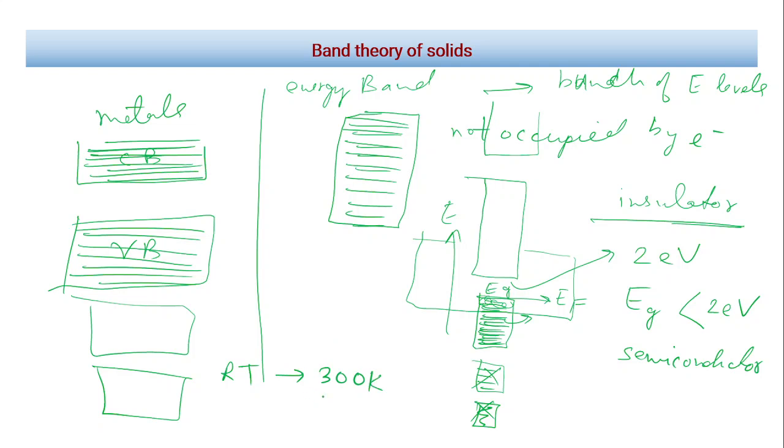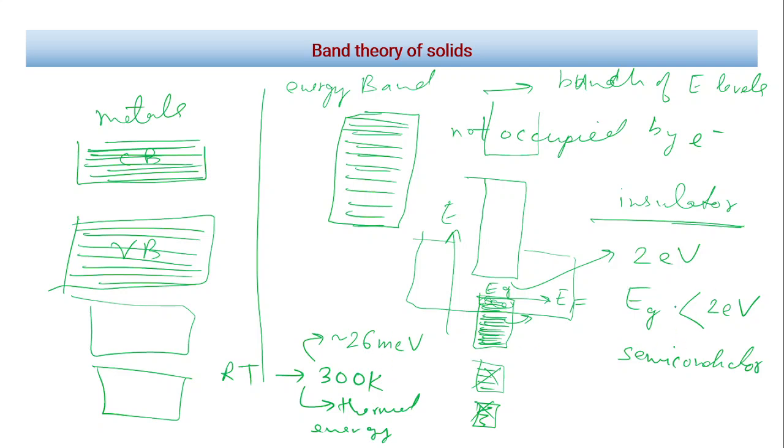If I convert this thermal energy into electron volts, it corresponds to about 25 or 26 milli electron volt. So room temperature thermal energy is in the order of milli electron volt.